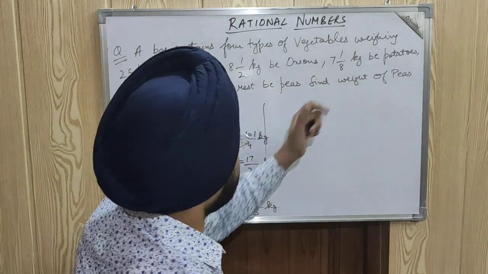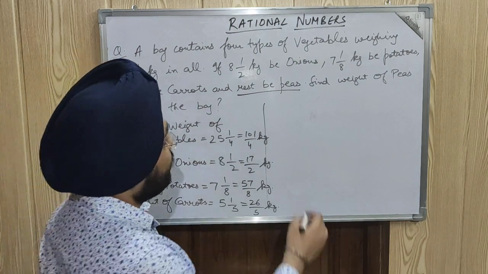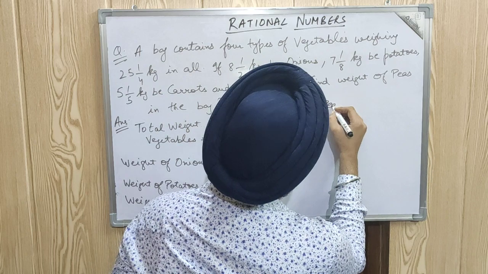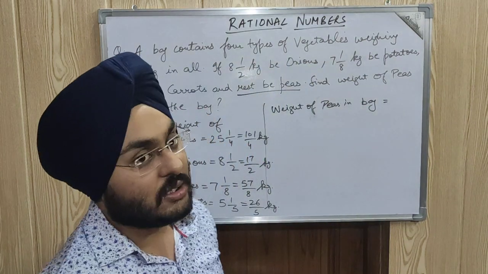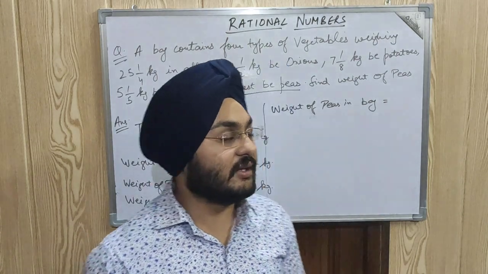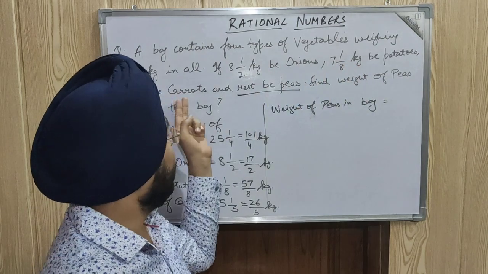So now coming to this concept. The rest is peas. So now I am writing here the weight of peas in the bag. That will be equal to, okay, so now suppose in a basket we have the 4 vegetables, that is onions, potatoes and carrots.